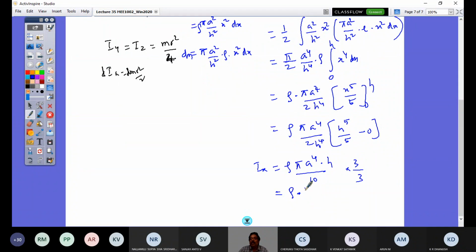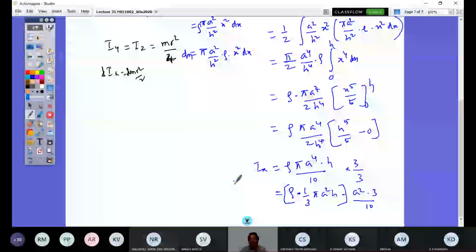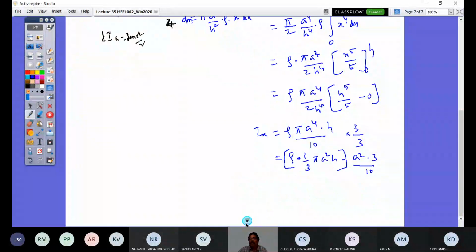So I will have 1/3 pi a squared h into a squared I'm taking out, and this 3 I'm having it here, and 10 I have as it is. So now this quantity is going to be mass. So 3 by 10 m a squared is what is Ix.